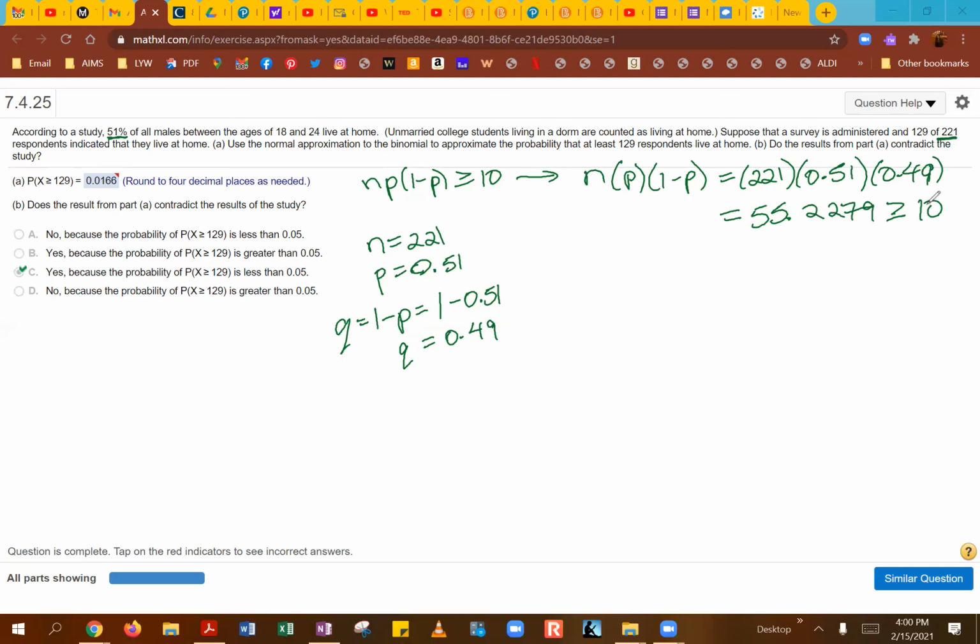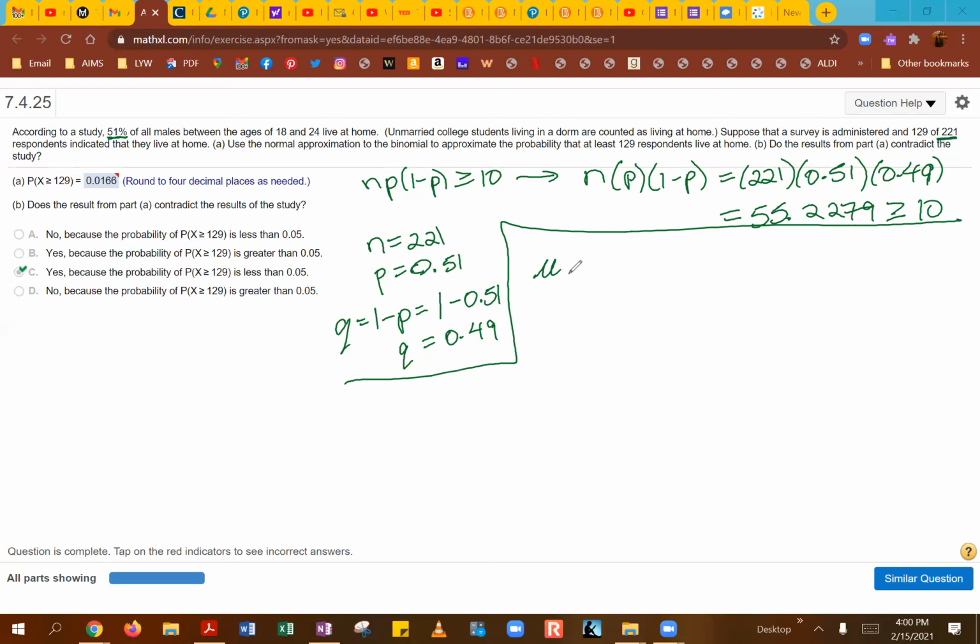Alrighty, so now let's move on to the next step. The next step we need to do is calculate our mean and standard deviation for these binomial, normal approximations. So let's take a look at those.